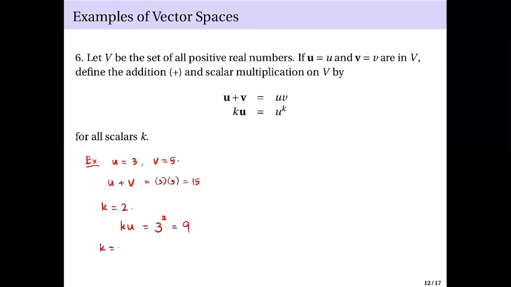Suppose our k equals negative 3. In here, we have ku. This will be 3 raised to the negative 3. So this is 1 over 3 to the power 3, and this is 1 over 27.